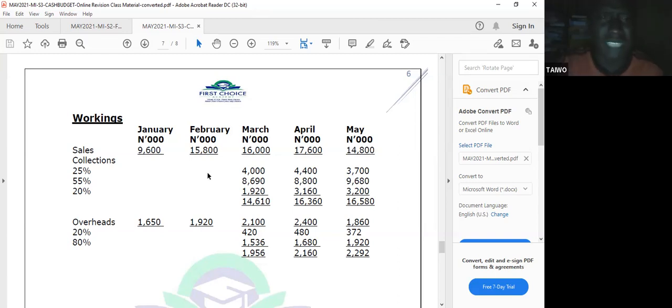So that's the way you move it. We have done January, we have done February, and we have seen the way they move. So March now we do. For March, what is the total percentage of sales collection in March? 25% of 16 million will be cash sales, right? Which should be paid in that month. Let me confirm that: 0.25 times 16 million.